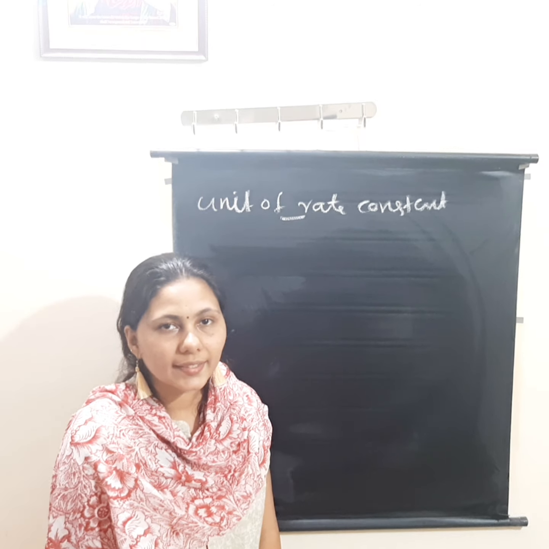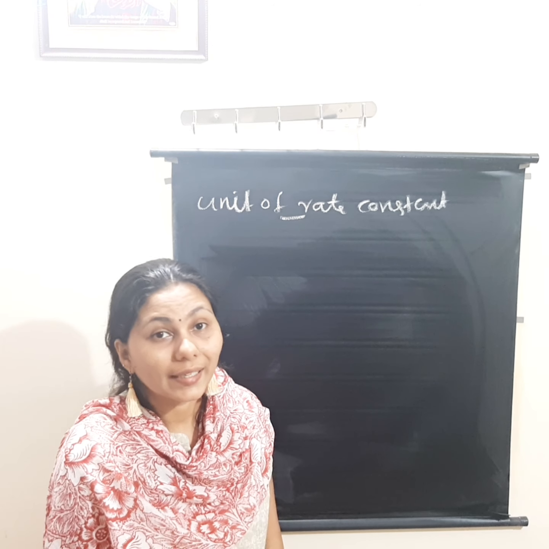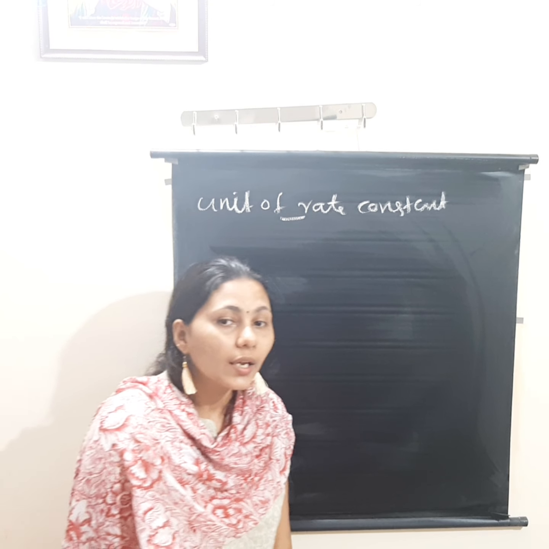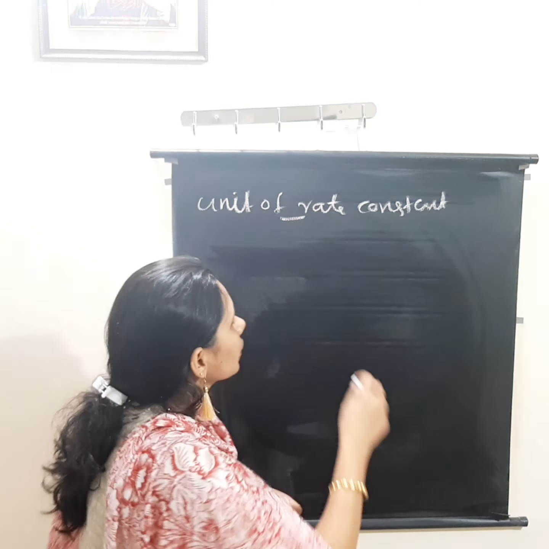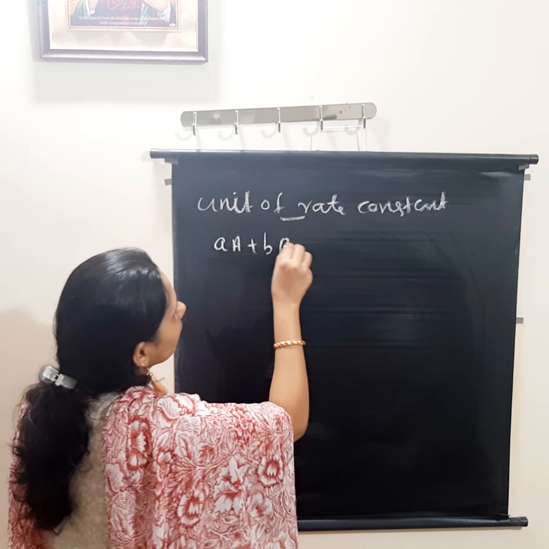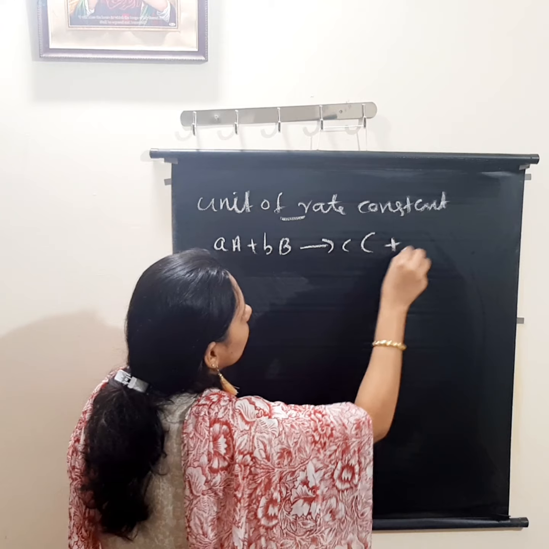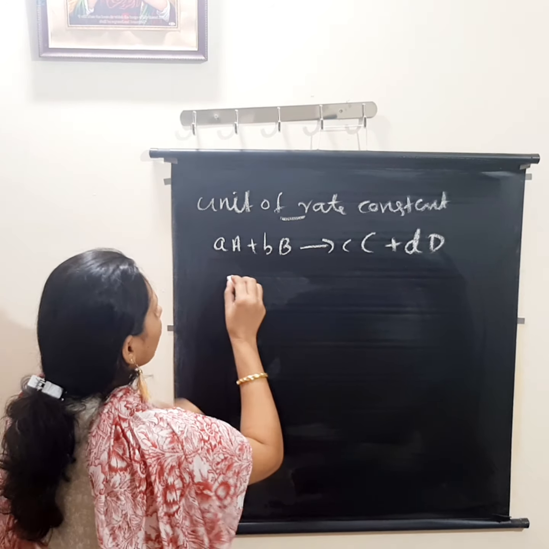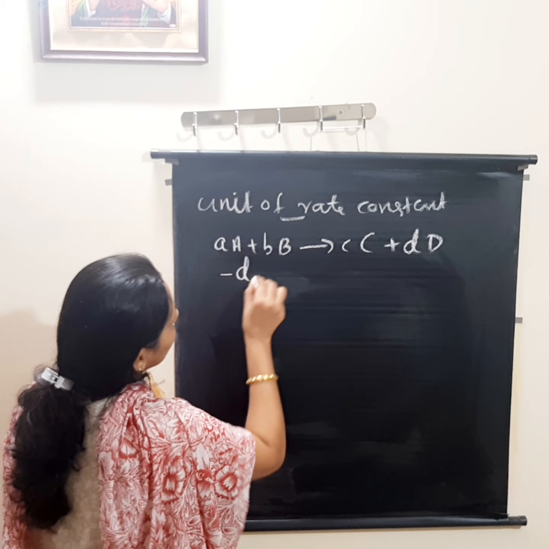Okay. So next is the unit of a rate constant. Very important. They will ask, write the unit of a rate constant. Okay. So for a general type of reaction, aA plus bB gives cC plus dD. This is a common reaction in kinetics, right? Okay. So how can we write the rate of the reaction?